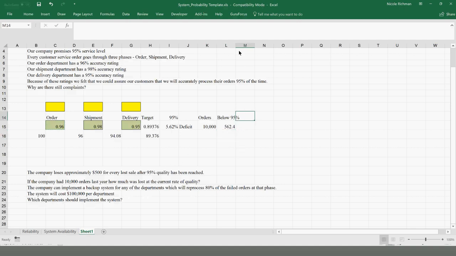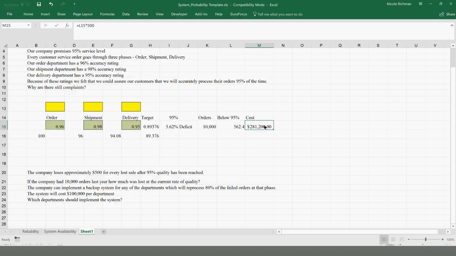So if we're losing $500 for every order that didn't meet that 95% expectation, how much is our company actually losing? So we're losing roughly $281,200.